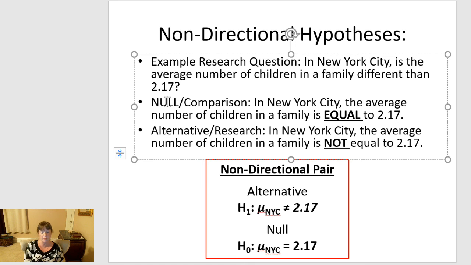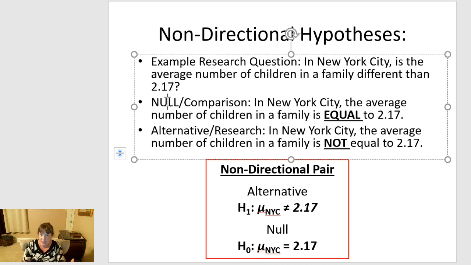So the average in New York City is equal to 2.17. Where the research hypothesis, the alternative hypothesis, what I really think is going on, is that in New York City, the average number of children is not equal to 2.17, right?